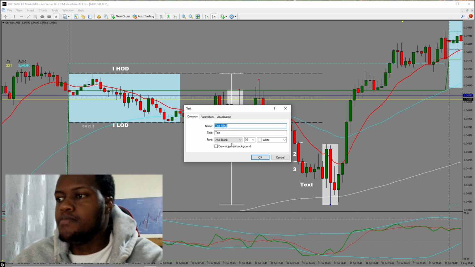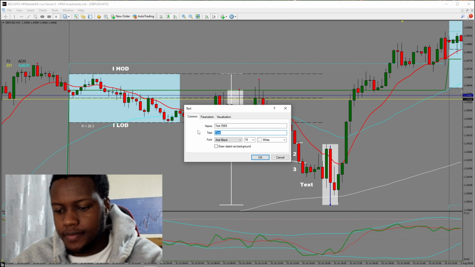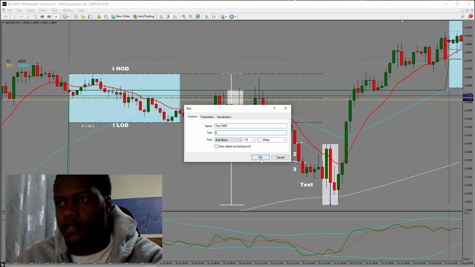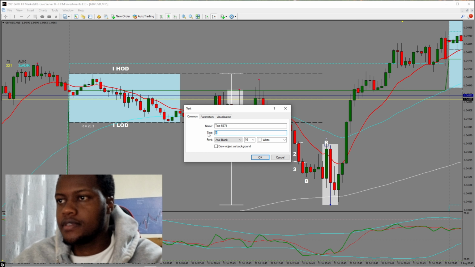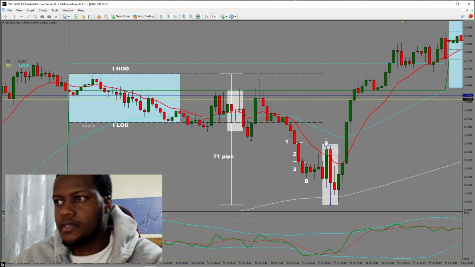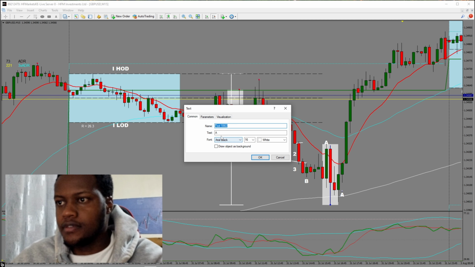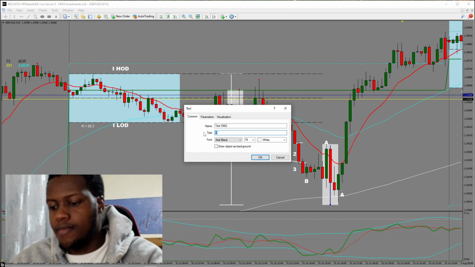So I'll use B for below the 13 EMA. So that's B, below 13 EMA. A for above 13 EMA. And then 2 B's for back below.